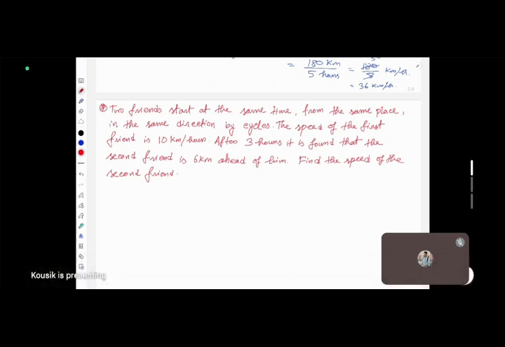Sir, speed is 12 kilometer per hour. Yes, yes, you are right. This is 12 km/h.